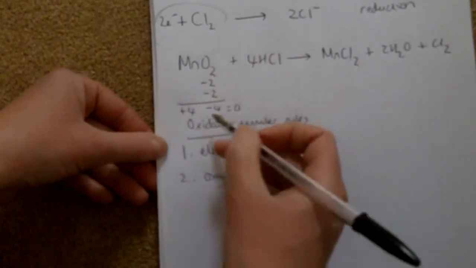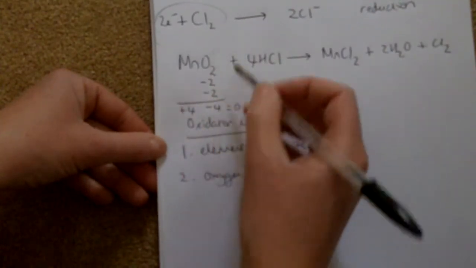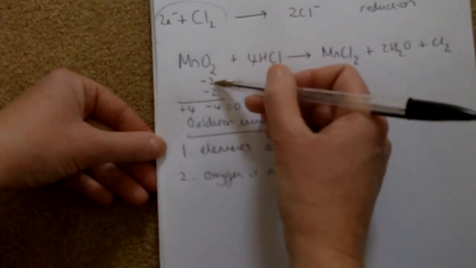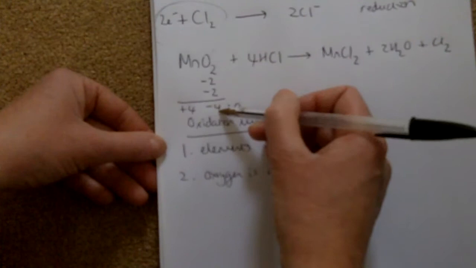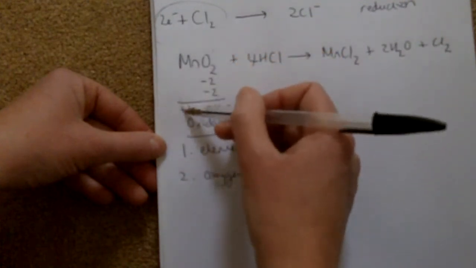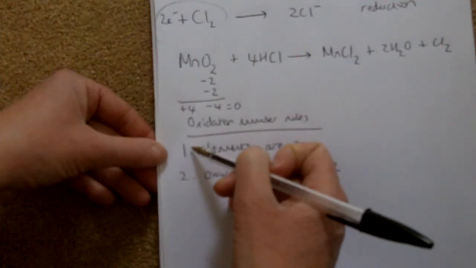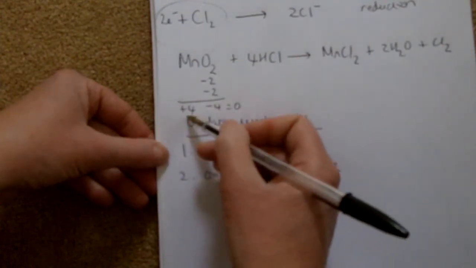So the oxidation numbers have to add up to the overall charge. Oxygen is -2, and there's 2 oxygens, that's -4, and then Mn must be +4.